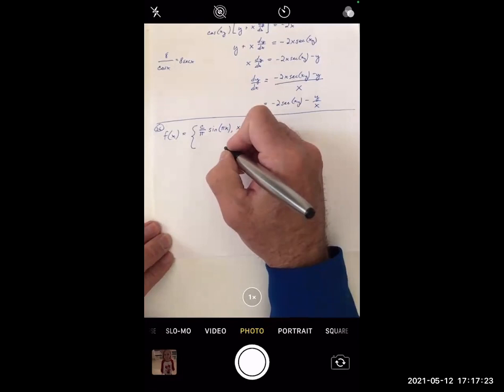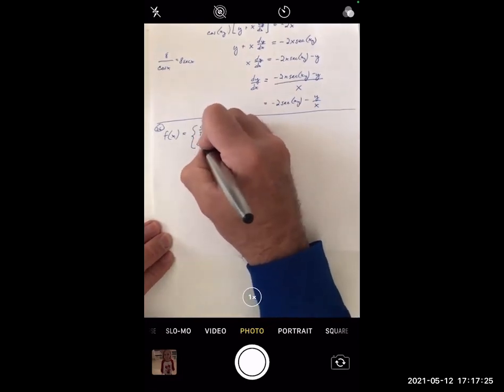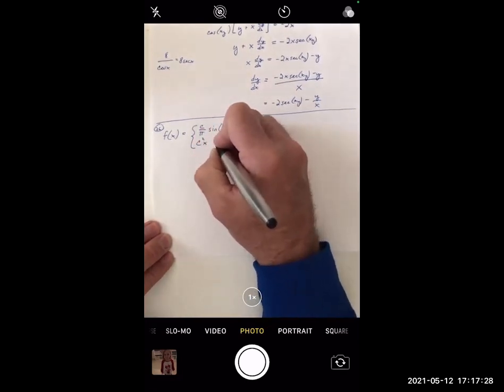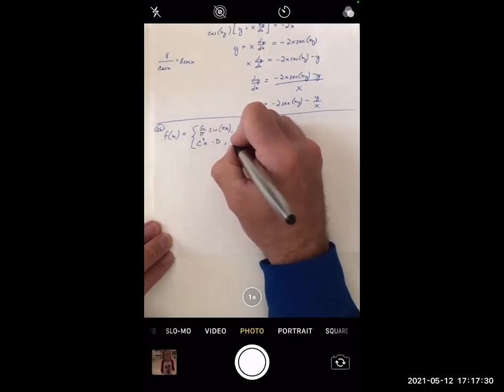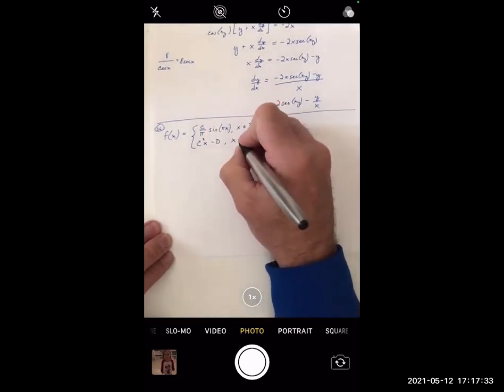And then c squared x minus d, where x is greater than 3.